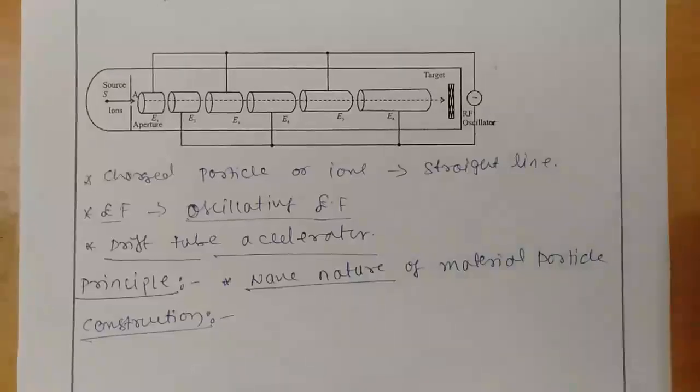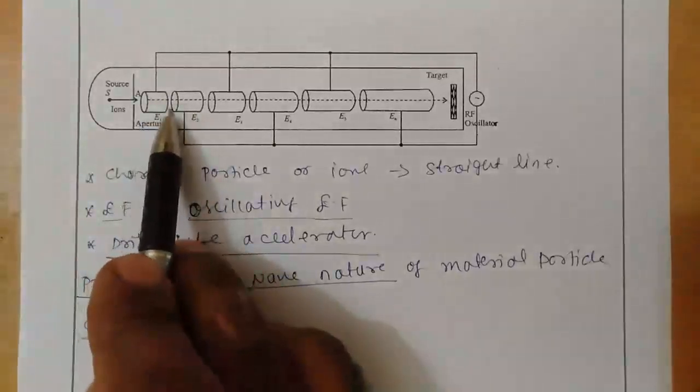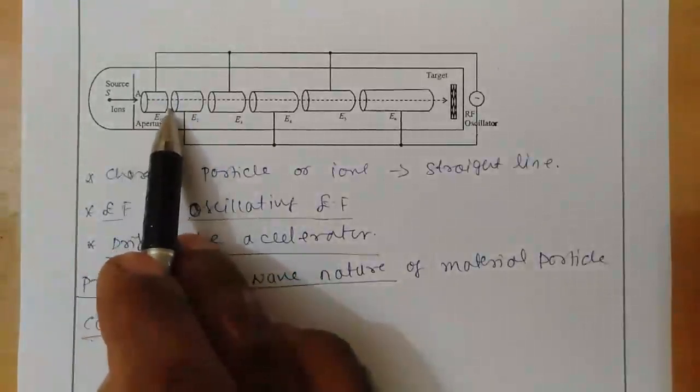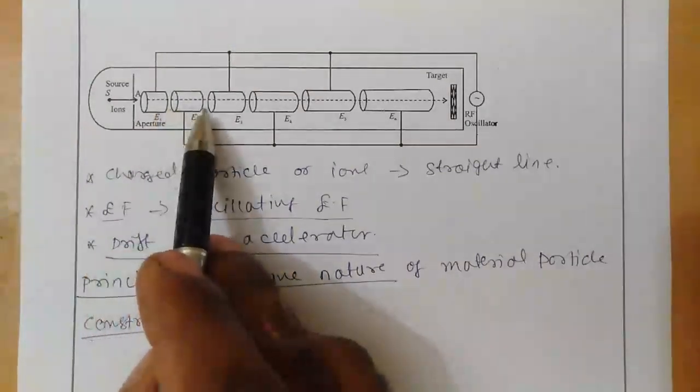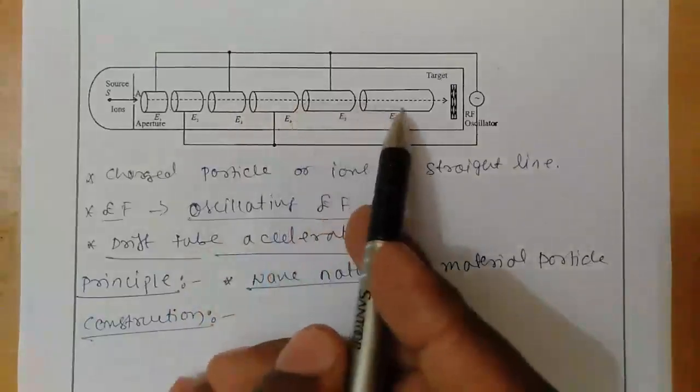Now where are the charged particles getting accelerated? The ions or the particles are getting accelerated in the gap between two successive electrodes or tubes. We can see a small gap here between these two, and here also we have a small gap. The charged particles will get accelerated in the gap between these successive electrodes.